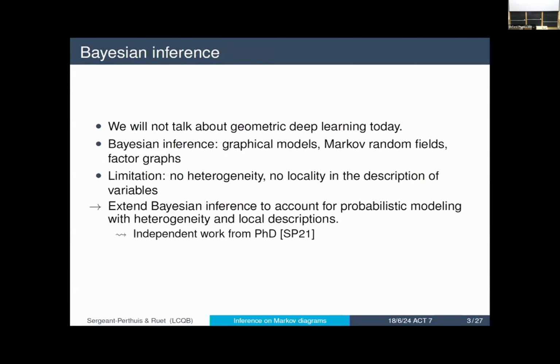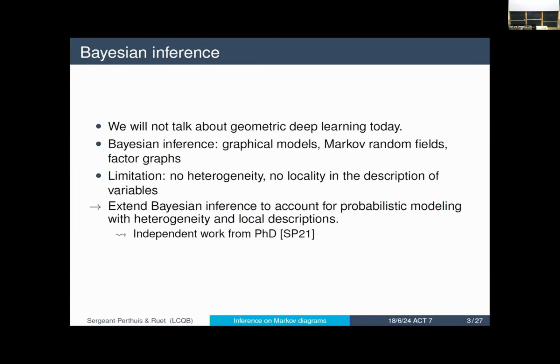Bayesian inference is probably a very well known thing, even if it's less represented now, at least on its own. In Bayesian inference, you talk about graphical models, where you find a way to describe the dependencies or conditional independencies between your variables.